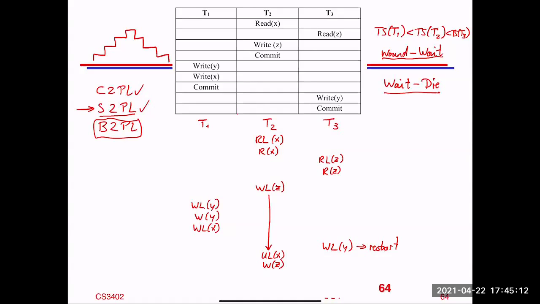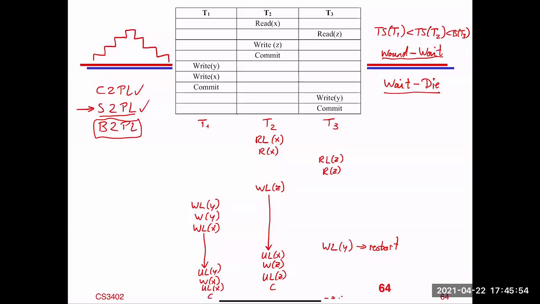Also, this transaction can now acquire the write lock on X here, because now we unlocked X. So this can now write X, but actually it will first unlock Y. Then write X, and then we can unlock Z, and commit and unlock X, and also commit.